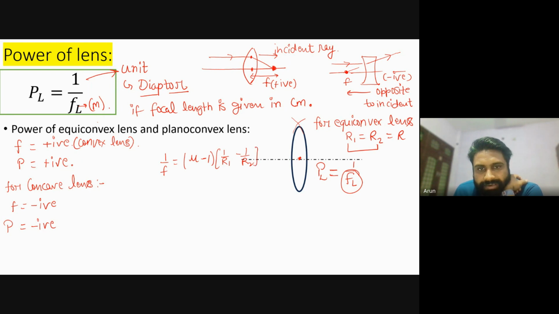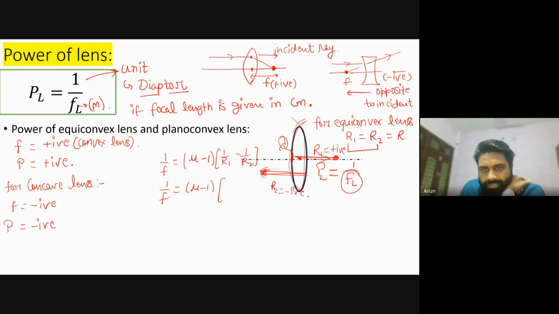You have to put the values of R1 and R2 according to the sign convention. So 1 upon f equals mu minus 1. What is R1? R1 is the radius of curvature of this surface 1. It is measured in the direction of the incident ray, so R1 would be considered positive. But R2 is measured in the direction of the refracted rays, so R2 would be considered negative.